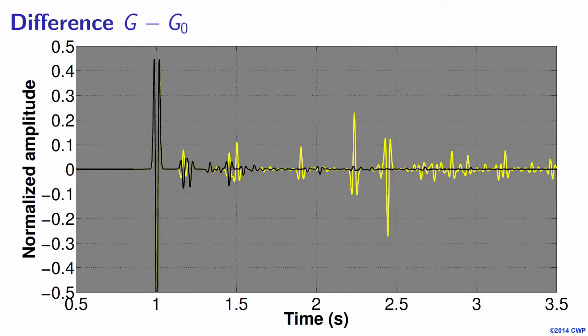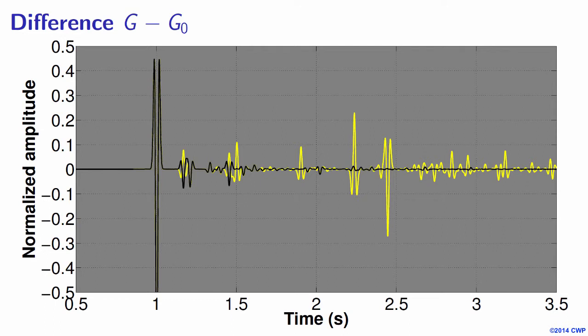And now, remember, we can retrieve G0 by numerical means by just having an absorbing boundary at the top. And G0 only includes what? The primaries and internal multiples. The G that we retrieve here includes primaries, internal multiples, as well as free surface multiples. So the difference between G and G0 just gives us the impact of the events caused by the free surface, which is in yellow.